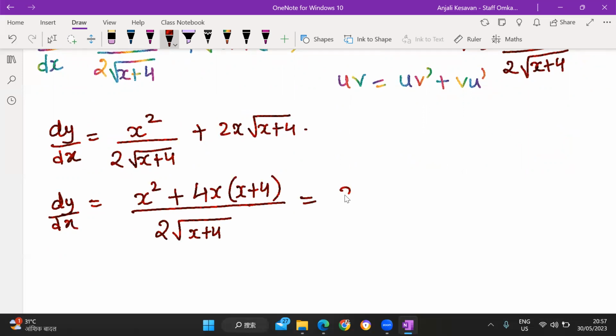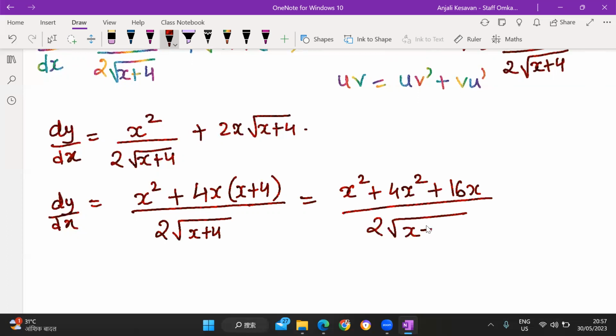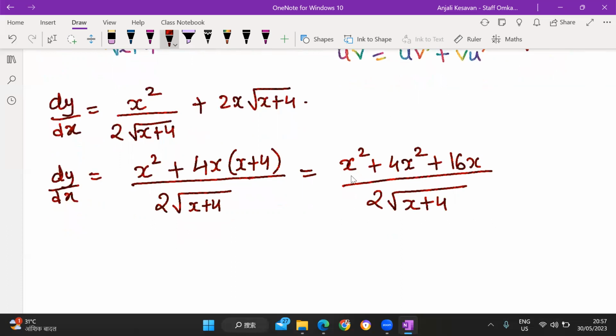Expand the bracket, we get x squared plus 4x squared plus 16x upon 2 root (x + 4). On further solving it, you can collect the like terms and simplify it. So 4x squared plus 1x squared will be 5x squared plus 16x upon 2 root (x + 4).